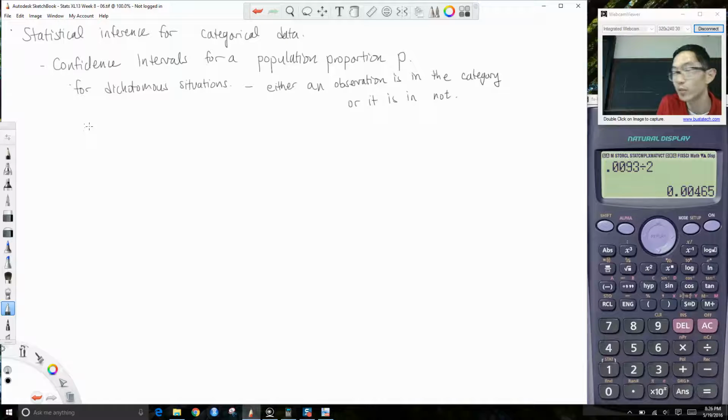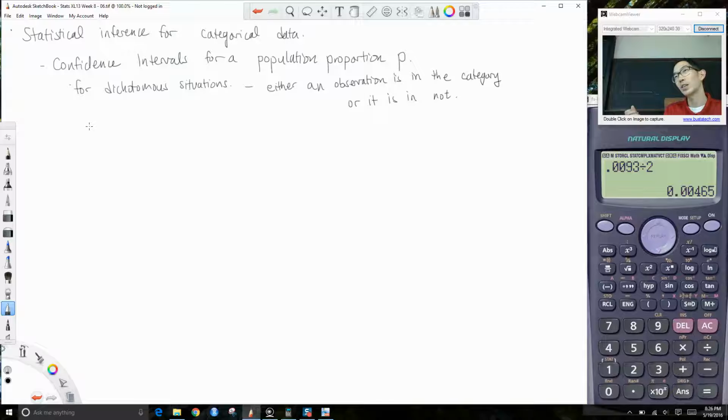P could reference the proportion of candies that are red versus candies that are not red. If we're talking about M&Ms, I know there's like 6 colors, but we would have to turn it into a dichotomous situation where it's either red or it's not red, okay?